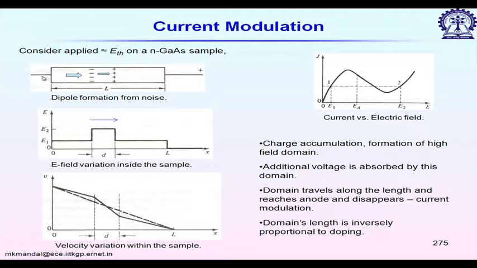So, we are applying some biasing voltage between left and right hand side, cathode and anode, and because of that we have electric field inside the sample.